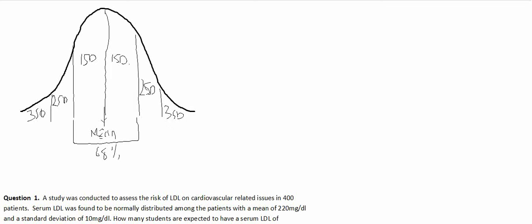The amount of patients that are two standard deviations around the mean is 95%. So 95% of patients are going to be within two standard deviations around the mean.